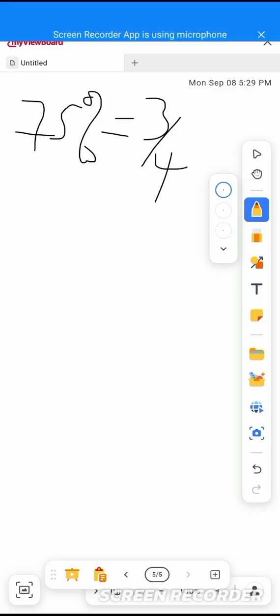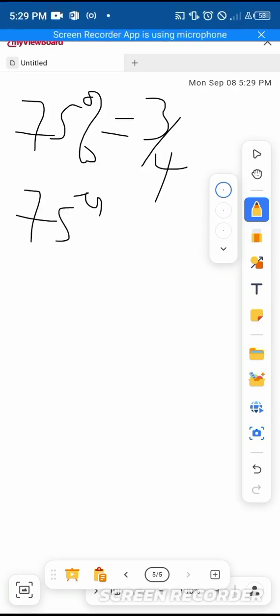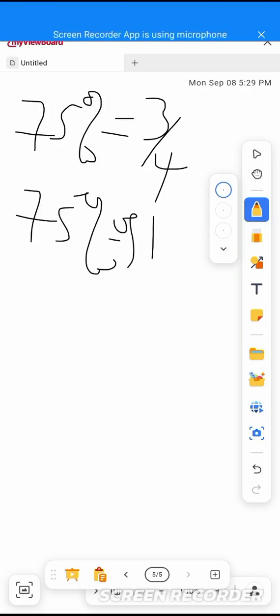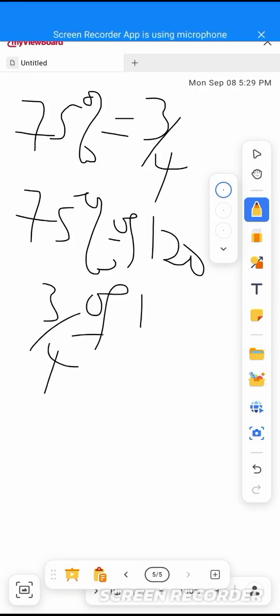So first of all, you're asked to find 75% of 120. So what do you do? Just say 3 over 4 of 120. And what is 3/4 of 120? That is 90. So 3/4 of 120 is 90.